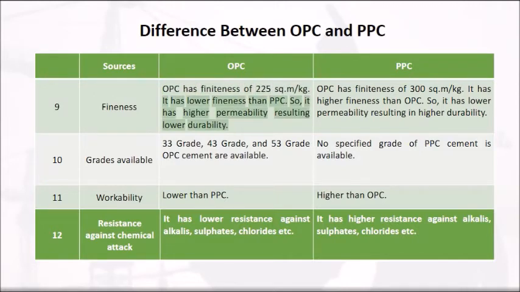It has lower fineness than PPC, so it has higher permeability, resulting in lower durability. PPC has a fineness of 300 m²/kg. It has higher fineness than OPC, so it has lower permeability, resulting in higher durability.